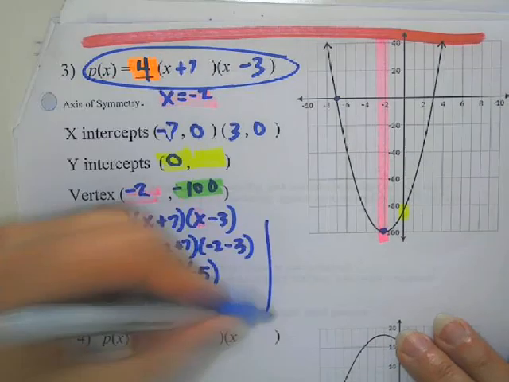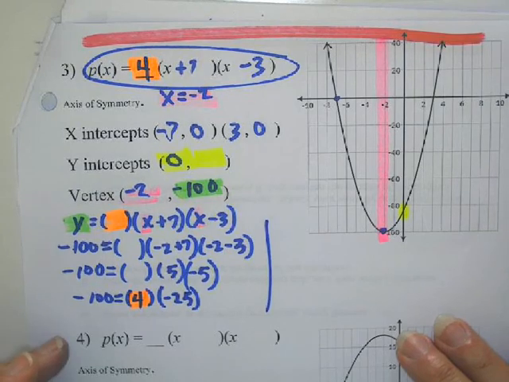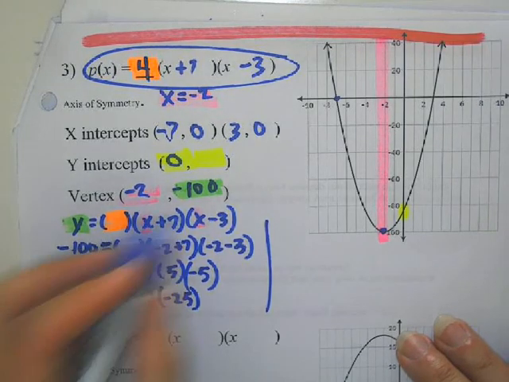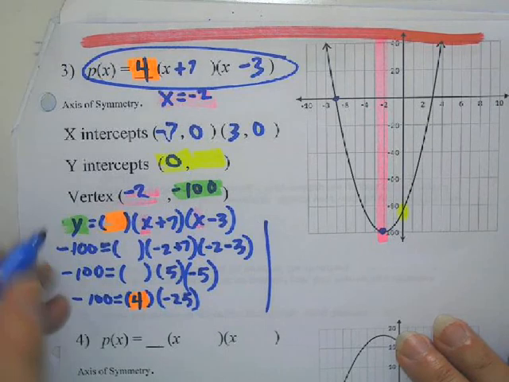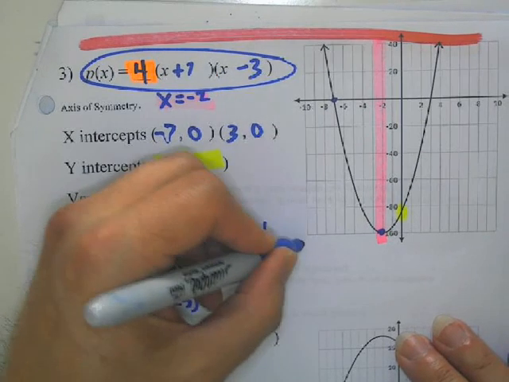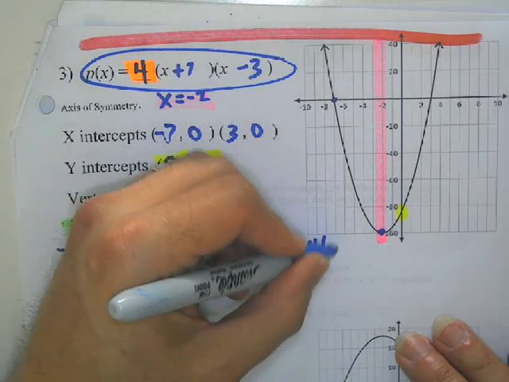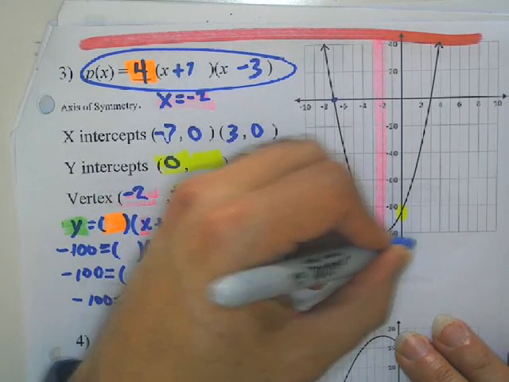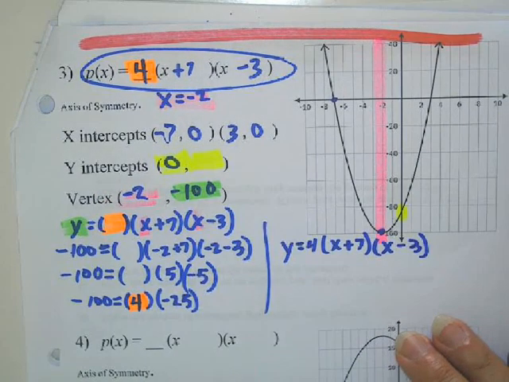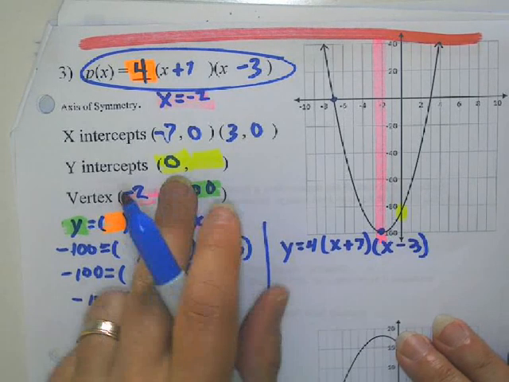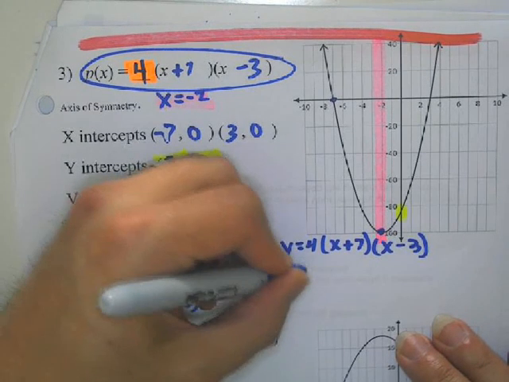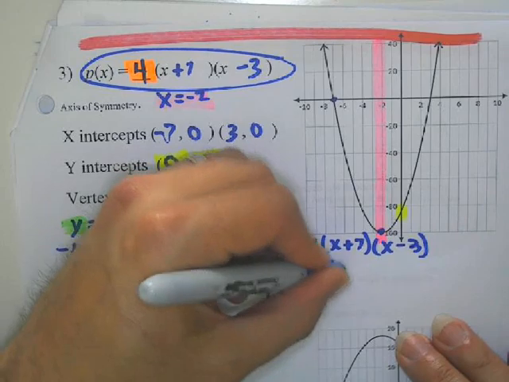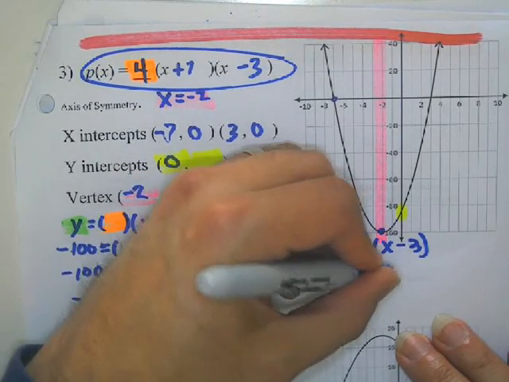Okay, so now we can find the y-intercept. So to find the y-intercept, let's rewrite our equation. Y equals 4 times x plus 7 times x minus 3. And we're going to replace x with 0, so we get y equals 4 times 0 plus 7 and 0 minus 3.